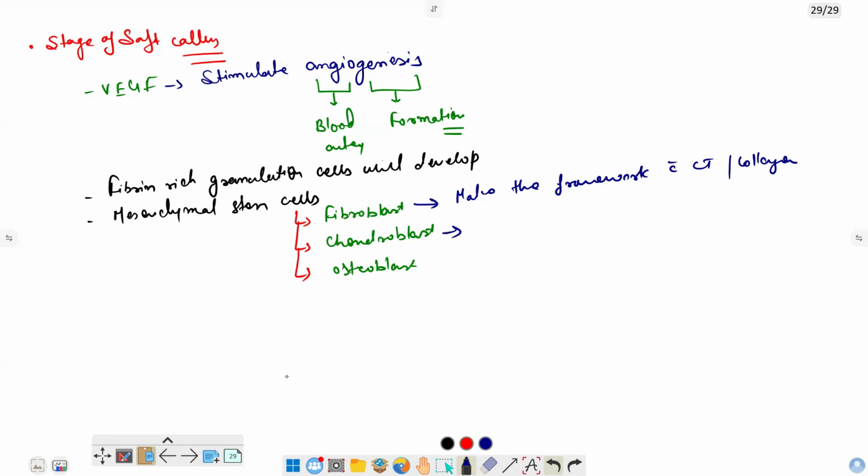The chondroblasts are responsible for creating and secreting the extracellular matrix that forms the cartilage. Chondroblast will help in the formation of the cartilage. It is found in the cartilage tissues. Apart from that, chondroblasts and osteoblasts are involved in different parts of the endochondral ossification process. Endochondral ossification process is a new term. It is basically the second name of bone healing.